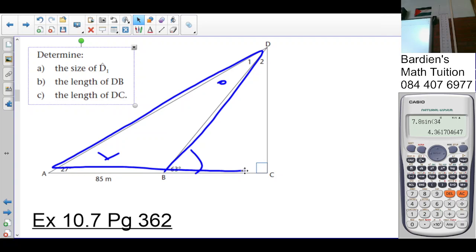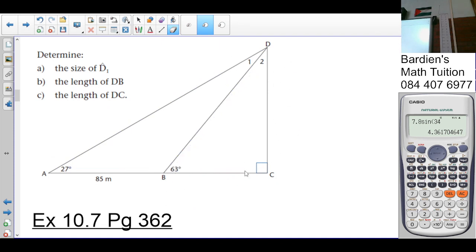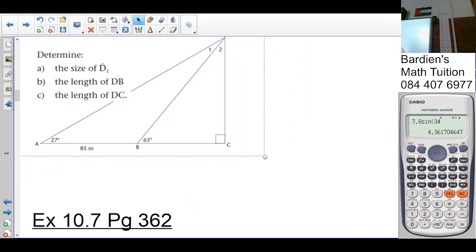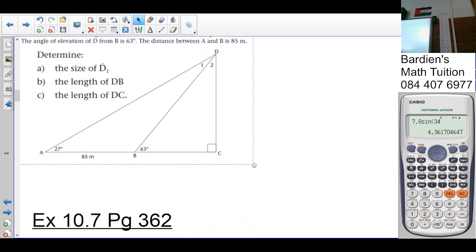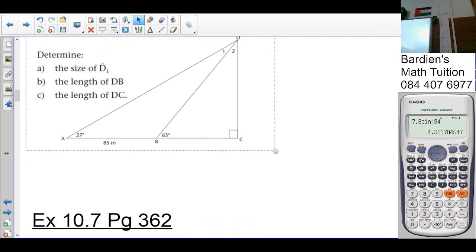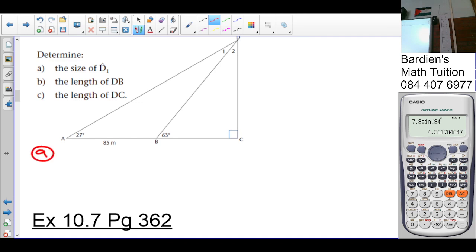Alright, listen, settle down. Okay, people, do you see the exterior angle equals the sum of the interior opposite angles? You all see that, right? But you can also do what that girl is doing, no problem. So for A, it's going to be 63 degrees equals 27 plus D1.